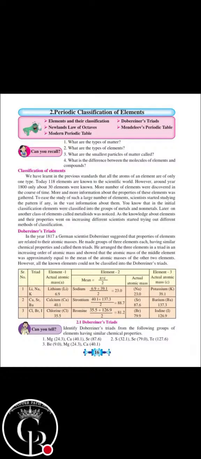He arranged the three elements in the triads in increasing order of atomic mass and showed that the atomic mass of the middle element was approximately equal to the mean of the atomic masses of the other two elements.